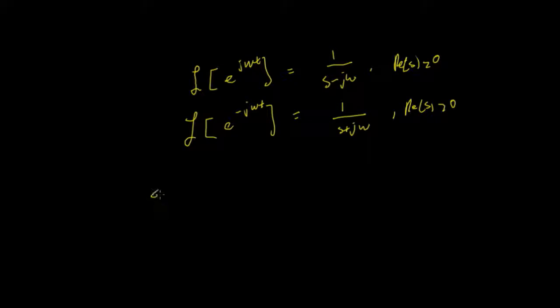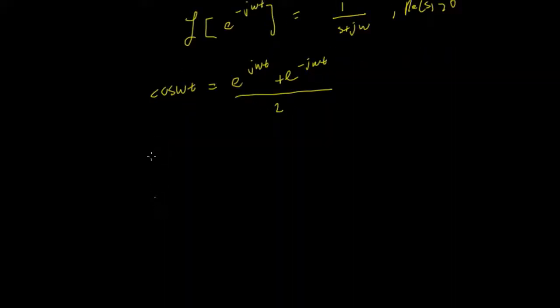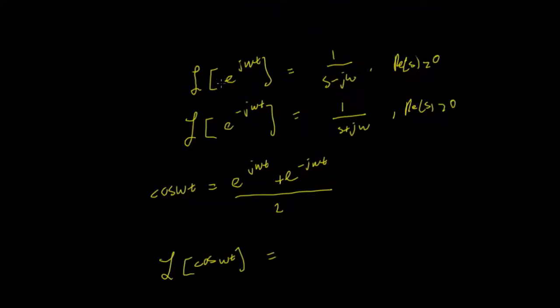Now we can use the trig identity cos omega t equals e to the j omega t plus e to the minus j omega t all upon 2, and that allows us to find the Laplace transform of cos omega t, because we're able to say that this is equivalent to just 1 times e to the j omega t and 1 times e to the minus j omega t.